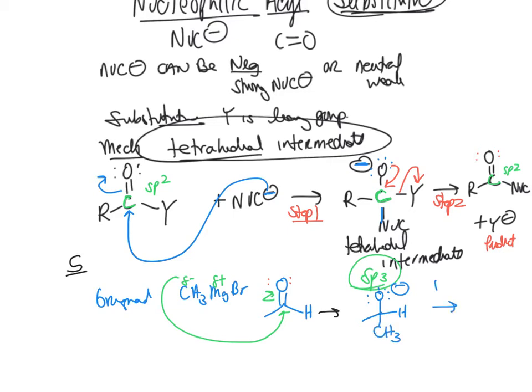And then you protonated it with a little bit of acid to make your alcohol. In this case, you have an aldehyde, so you made a secondary alcohol. So aldehydes and ketones.